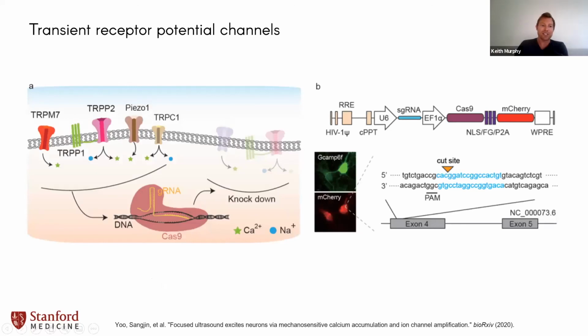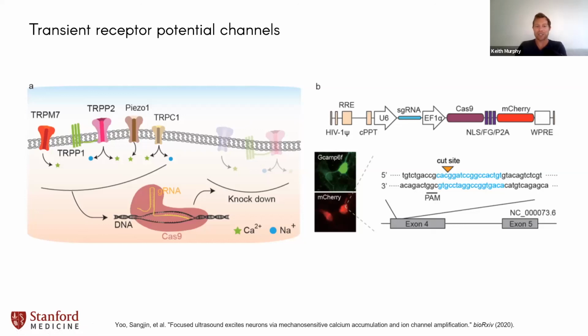Okay, so just to talk about some work from Mikhail Shapiro's lab, which is really exciting stuff. I think we're going to talk about this later on. Mikhail did quite a bit of work to look at different TRP channels and whether or not they played a role in ultrasound sensitivity.